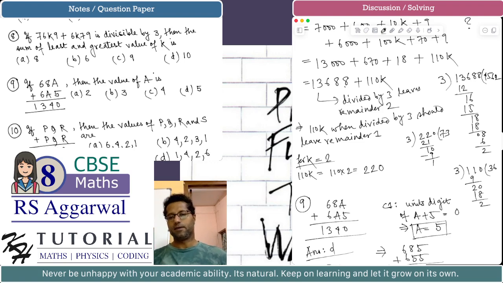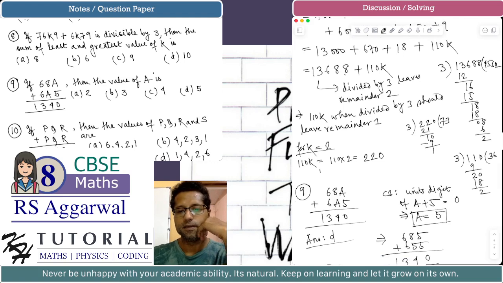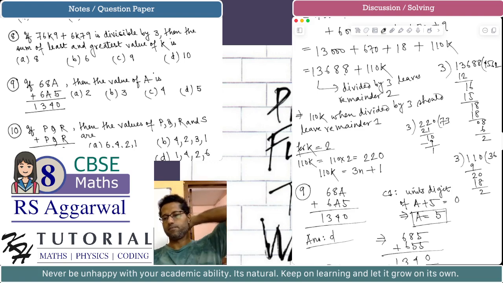So 110k when divided by 3 should leave a remainder 1. What can that mean? We can say that if 110k when divided by 3 leaves a remainder 1, then 110k should be of the form 3n plus 1, where n is some natural number.